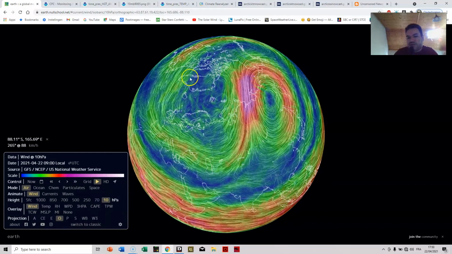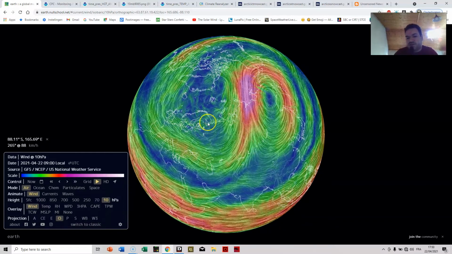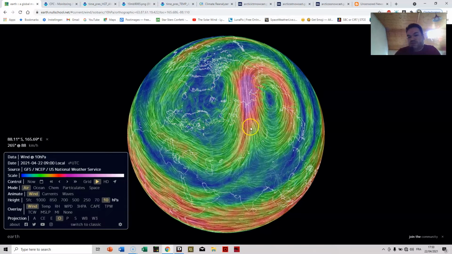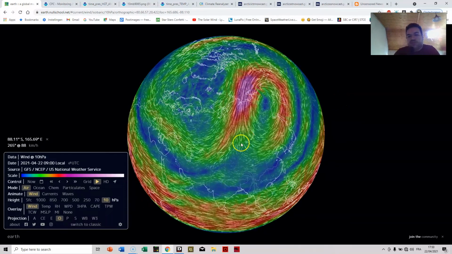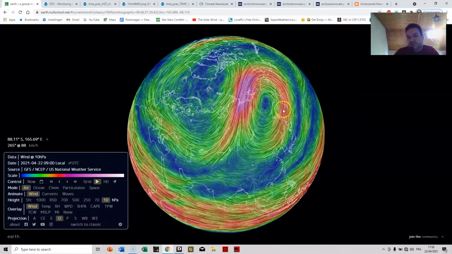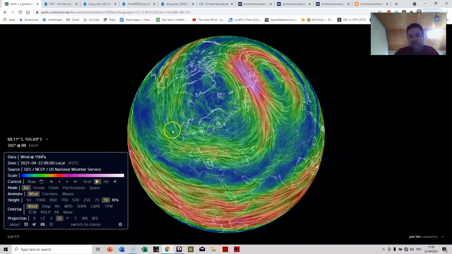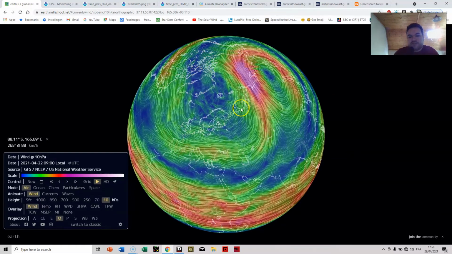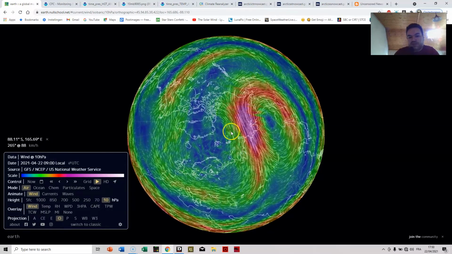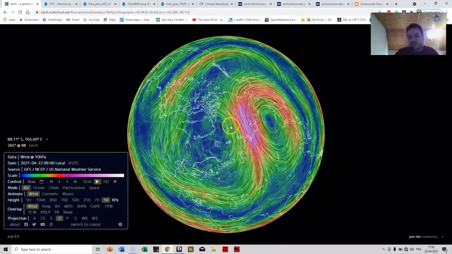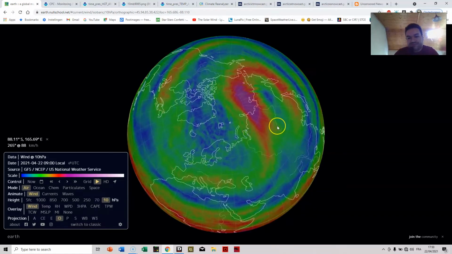In fact, I see two cluster-like things, and it's so distorted that you can't really say where the polar vortex is. Is this the polar vortex, or is it this? Because it is not connected. There is an opening over here. So the polar vortex is non-existent, so to speak, over Europe.